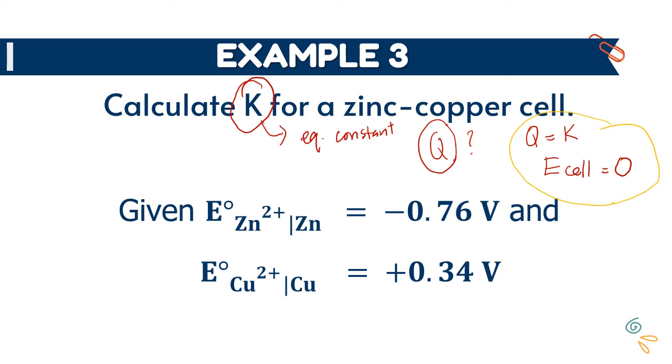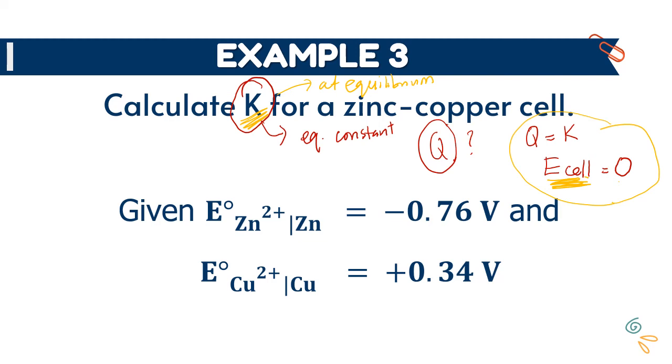So, once the question asks for K over here, meaning the reaction is at equilibrium, where the value of the E cell will automatically be 0. So, we will use this piece of information and then straight away do our calculation.